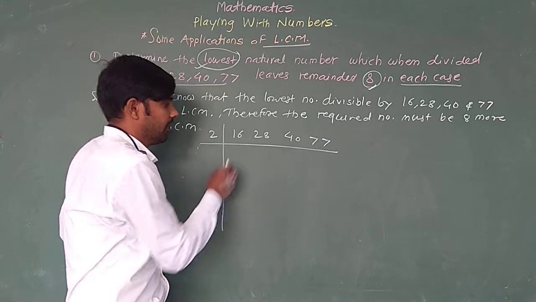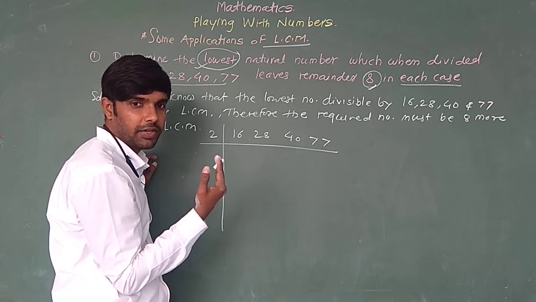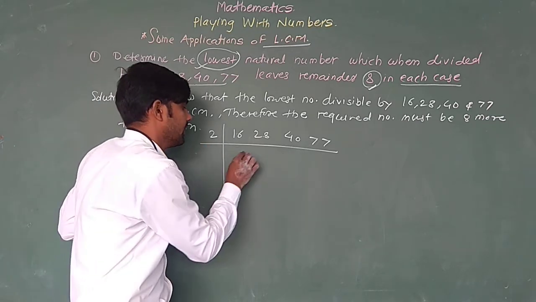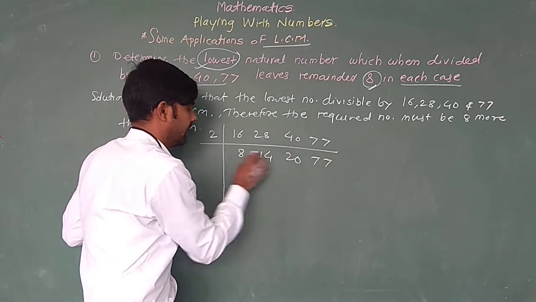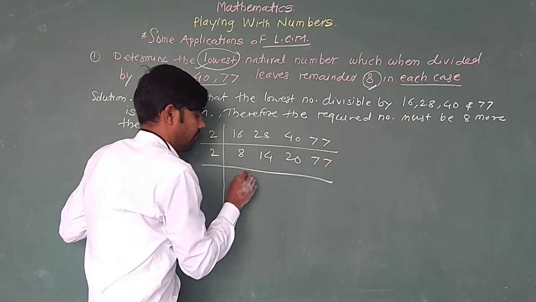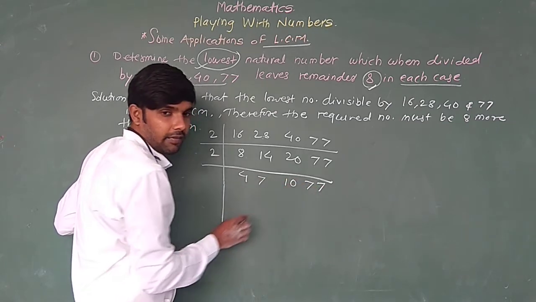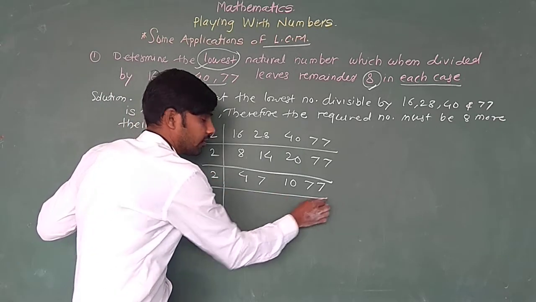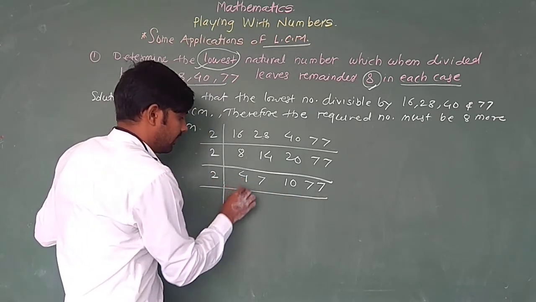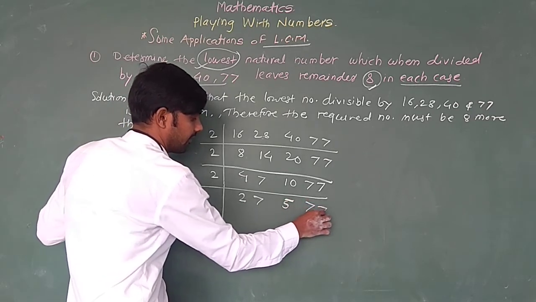When we look, 3 even numbers are there out of 4, so we take 2 as a common divisor. 8, 14, 20, 77. Again we can divide this by 2. 4, 7, 10, 77. Again 4 and 10, minimum 2 numbers we need. Here 2, 7, 5 and 77.